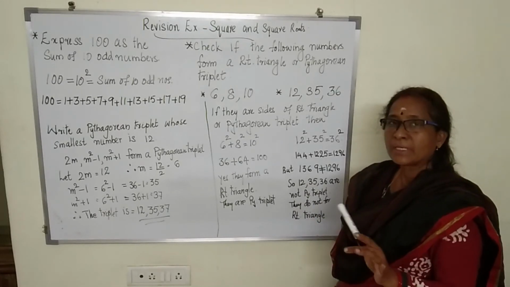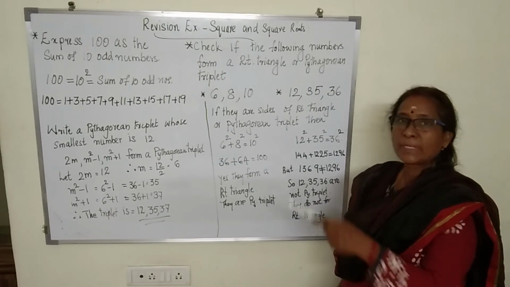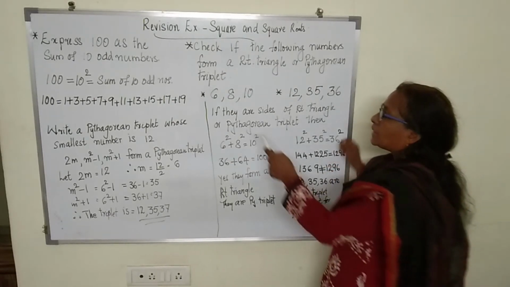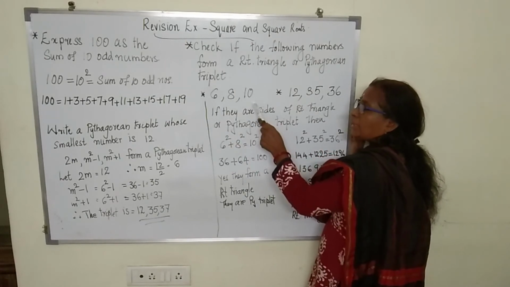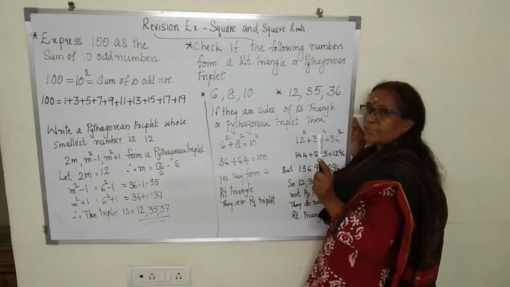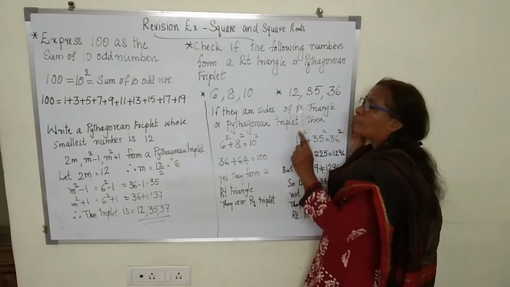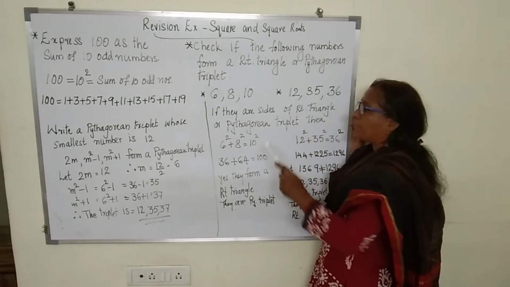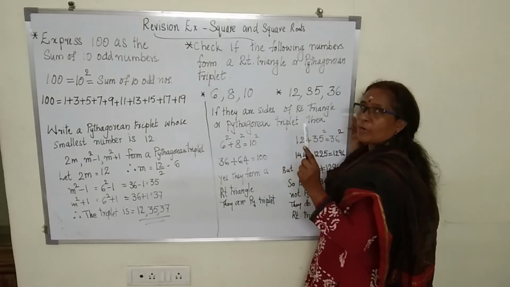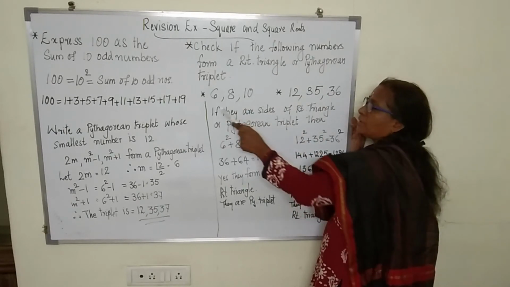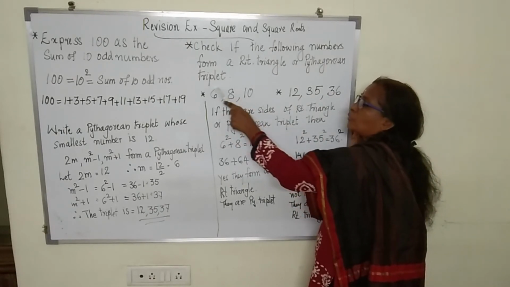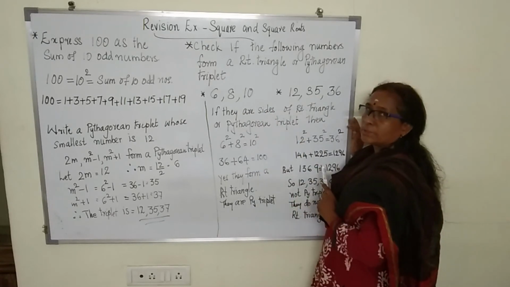In both ways, the method and the answer are the same. If 3 numbers given form the sides of a right triangle, they form a Pythagorean triplet. So, what is the condition? The sum of squares of 2 numbers will be equal to the square of the third number.